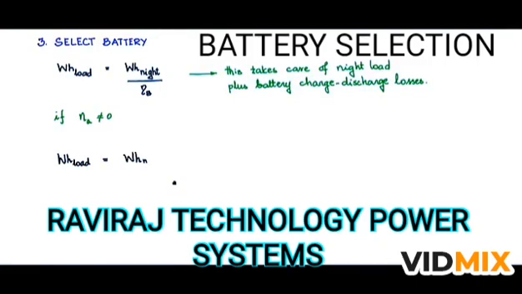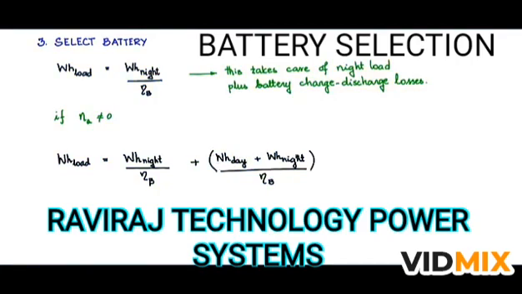then what is the load that the battery has to supply? Of course, it has to cater to the night load of that day, which is watt hour night by efficiency of the battery, plus it should take care of watt hour day plus watt hour night, which means the entire load of the day by efficiency.